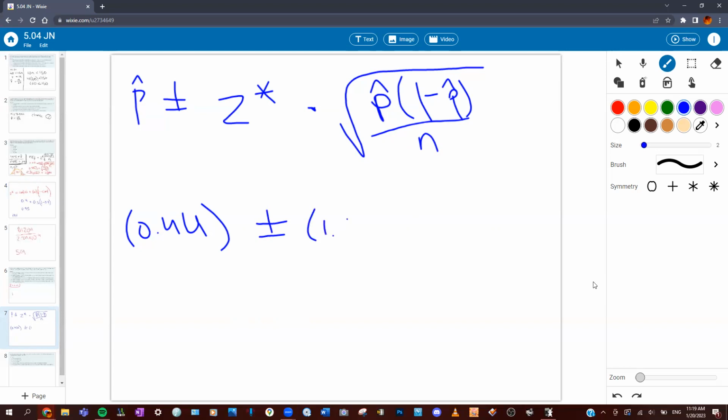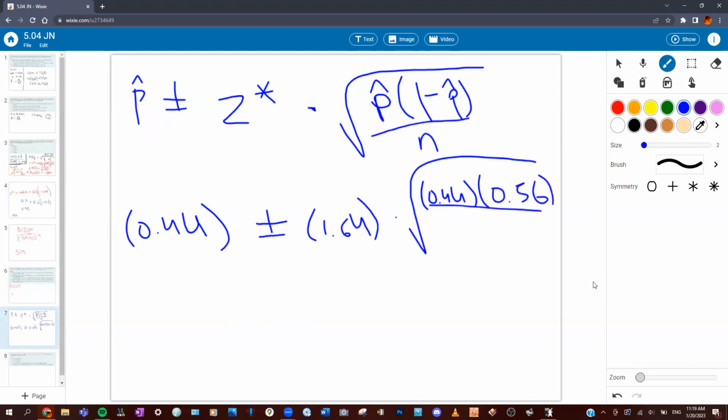Yeah, that's what it was. And we're multiplying it by this. I'll just go ahead and do that. All right, and then our sample size, that was 200, remember?